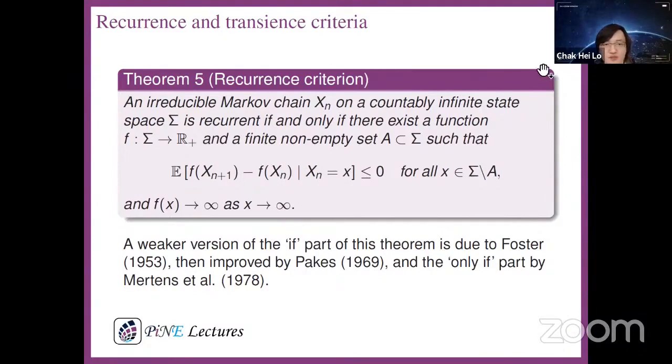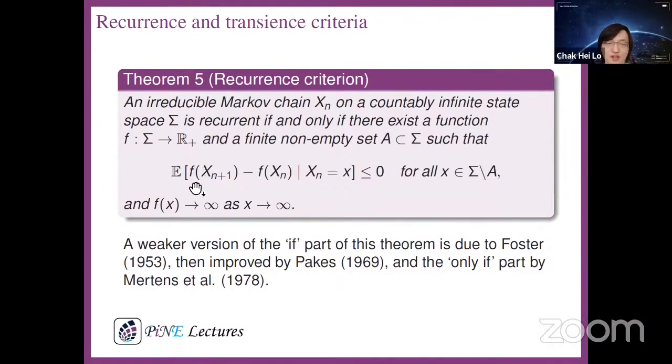So here is one of the main theorems in this course, also called the recurrence criterion. An irreducible Markov chain X_n on a countably infinite state space sigma is recurrent if and only if there exists a function f and a finite non-empty set A in sigma such that this condition holds.